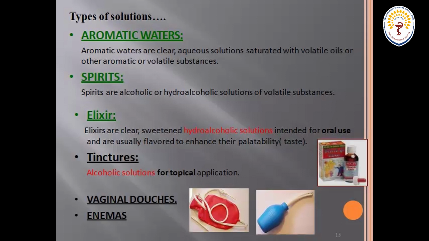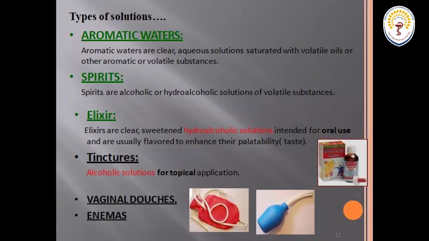Now, vaginal douches and enema. Enemas are aqueous or oily solutions or suspensions or oil in water emulsions introduced into the rectum or colon for cleansing, administration of nutrient substances, medicinal substances, and opaque material for radiological examination of the lower intestinal tract.